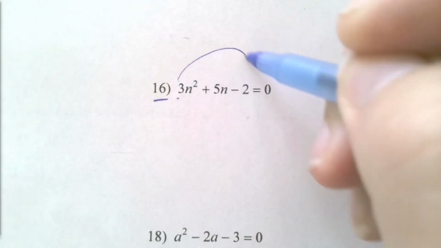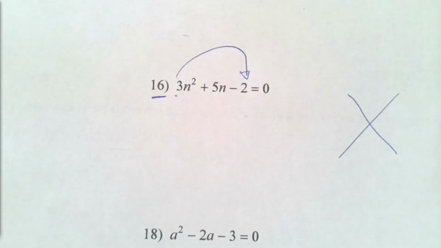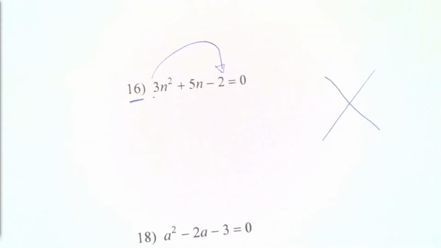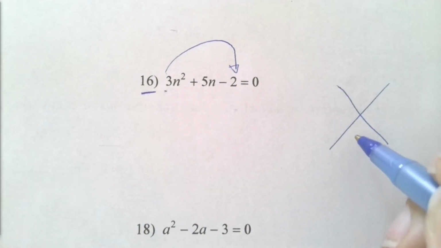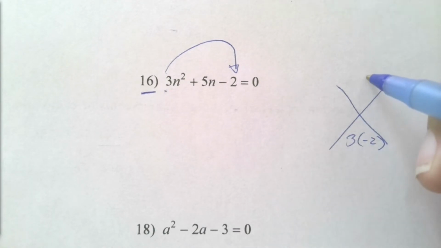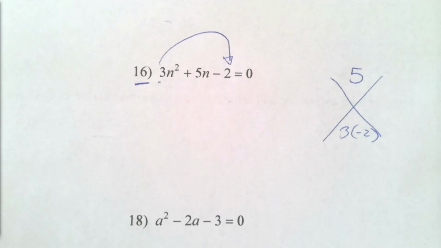Remember, we multiply it to the end. We haven't actually done another X one, I'm sorry. What's 3 times negative 2? What's 3 times negative 2, anybody?